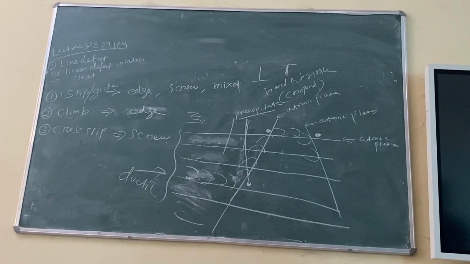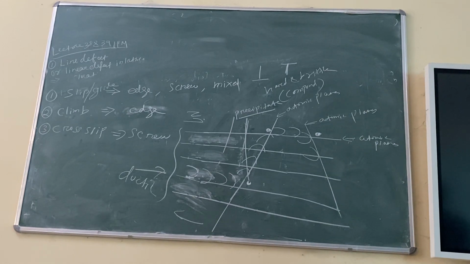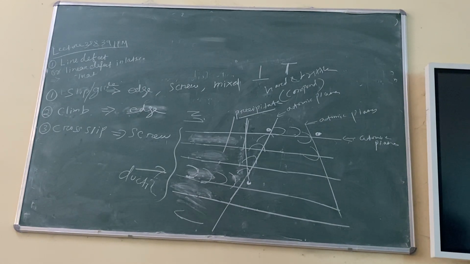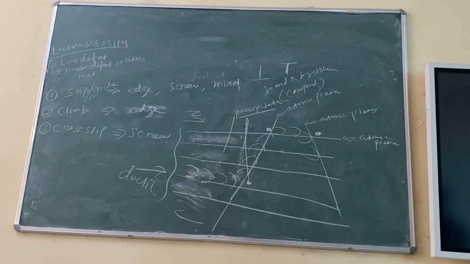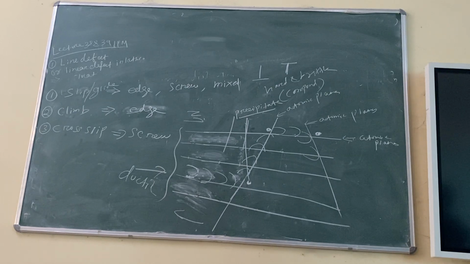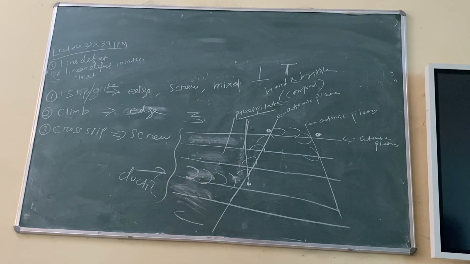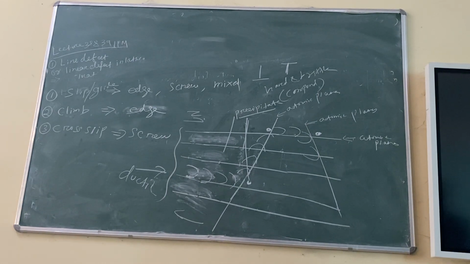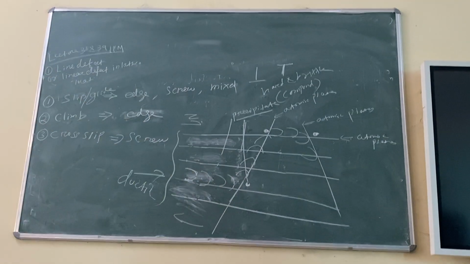You got my point? But I told you once, the strengthening will be more if you do interstitial solid solution strengthening, right? Suppose I am adding chromium into iron, and in another case I am adding a little amount of carbon into iron. In which case will you get more strength?